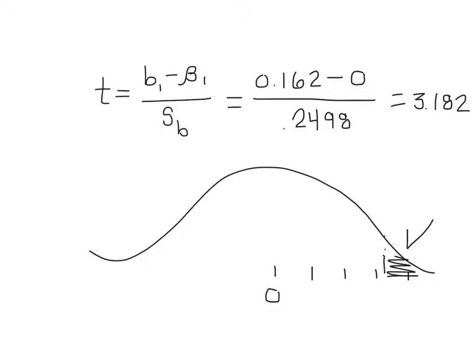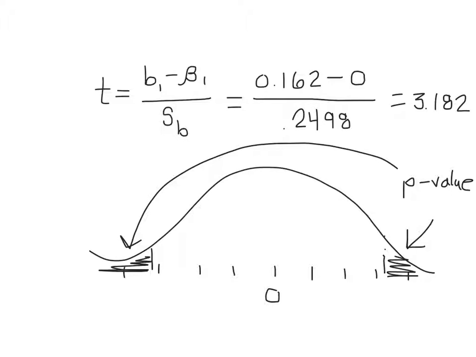So if we were doing a right-tailed test, this tail would represent what's called the p-value. Now this question I did not feel was worded very clearly. It did not clearly identify whether it was a right-tailed, left-tailed, or two-tailed test. So there's the possibility that our slope could have been 3.182 standard deviations below the claimed value. So the combination of these two tails represents our p-value.